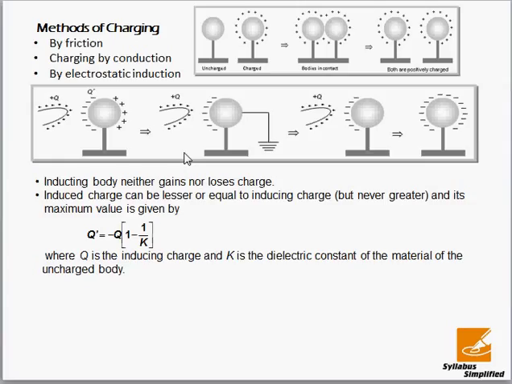Now, what happens if we try to charge a body by friction? Friction means we are rubbing two bodies with each other. The most common example is if we take a rod made of glass and we rub it with silk. So here there is friction between the glass rod and silk.